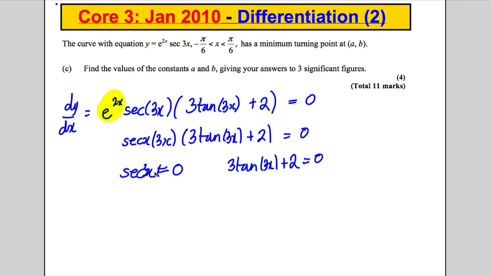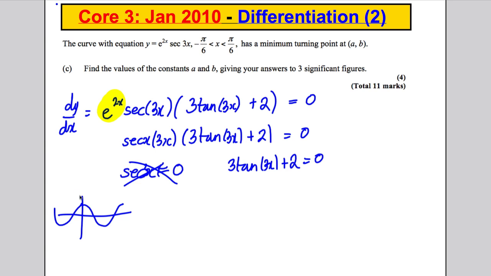If sec x is equal to 0, sec x can never equal 0, so you can ignore this. Remember the sec graph, if the cos graph looks something like this, the sec graph then looks something like this, and it never has the value 0. So the only answers we're going to get is where tan of 3x is equal to negative 2/3.